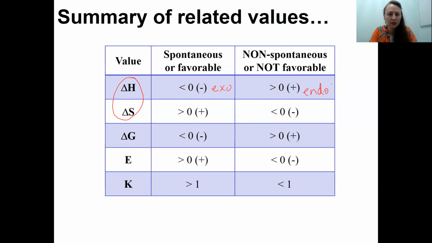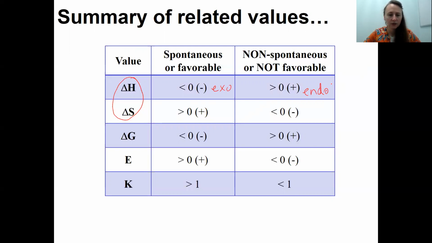And then with delta G, we get to something that actually states whether the reaction is spontaneous. Negative is spontaneous, positive is not spontaneous. And we have learned in this unit that a positive cell potential means that it has voltage that can go and do work, so that is spontaneous, and a negative potential is not spontaneous.